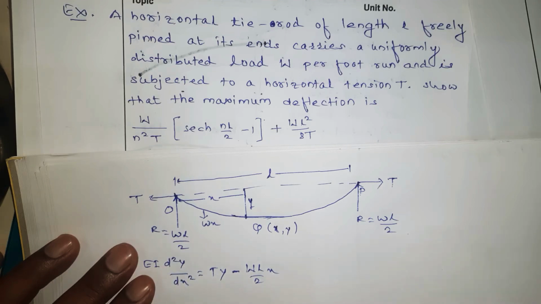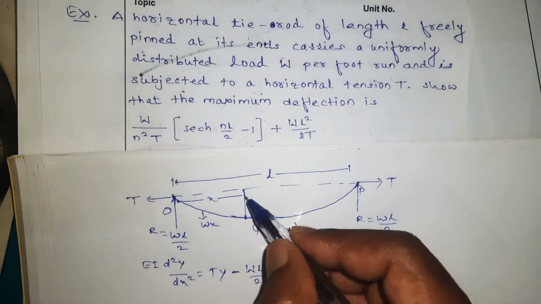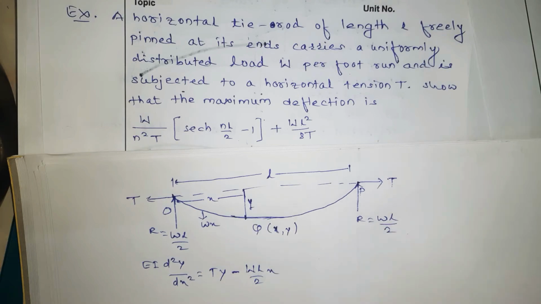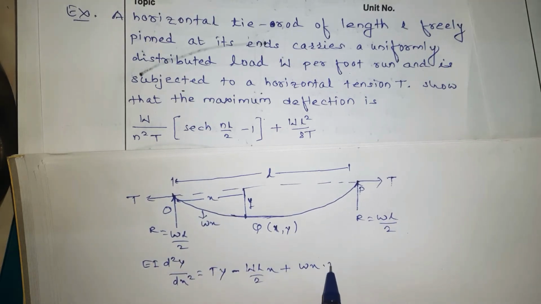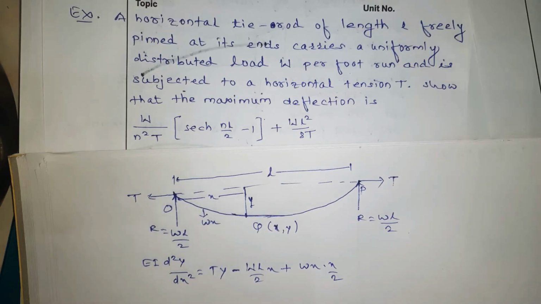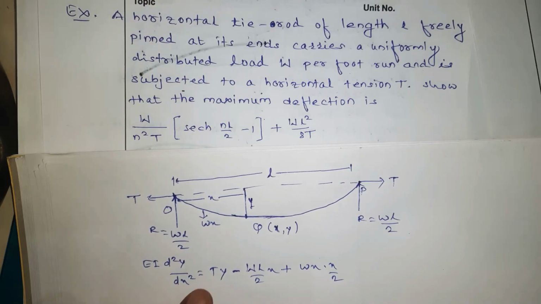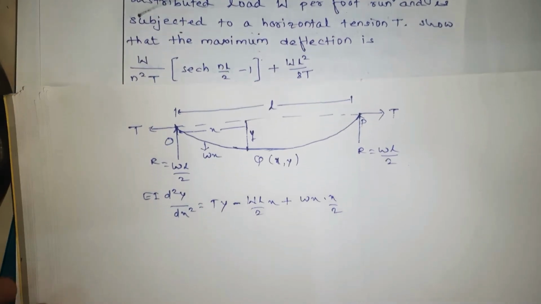Then plus the moment at this point Q. The moment at Q is Wx, the total load, into x by 2. So I get the equation EI d square y by dx square is equal to Ty minus WLx upon 2 plus Wx into x by 2. Now we simplify it and divide by EI.